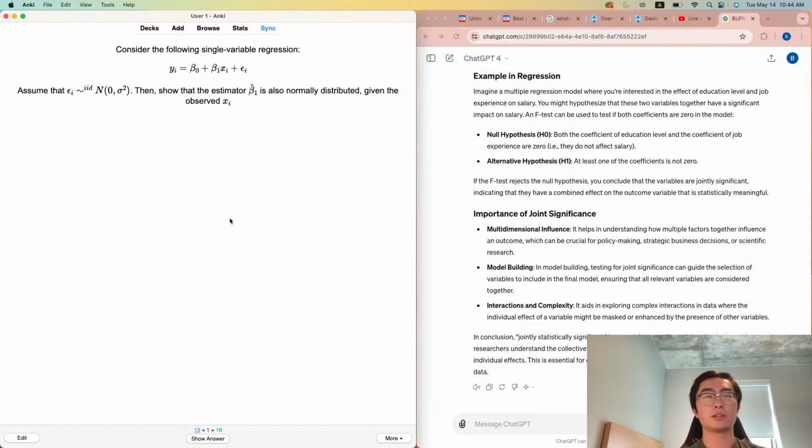We can set that equal to c, and we multiply that by yi. And so we're multiplying xi, which is fixed, and then yi, which is normally distributed. So we're just adding up a bunch of normal distributions, and that is our beta 1 hat.